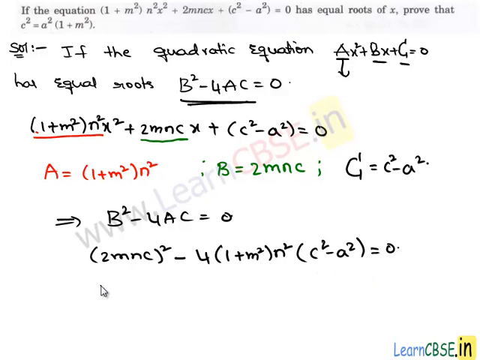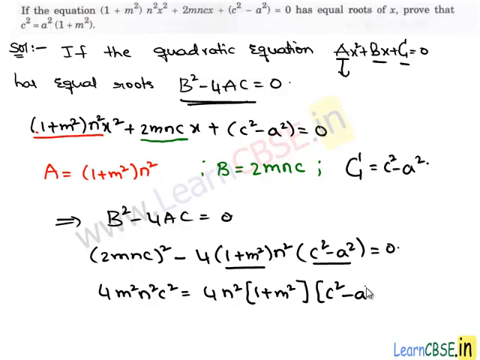Then we have 4n²m²c² = 4n²(1 + m²)(c² − a²), the product of two binomials, 1 + m² and c² − a². Here on the left-hand side and right-hand side, 4n² gets cancelled. We remain with m²c².